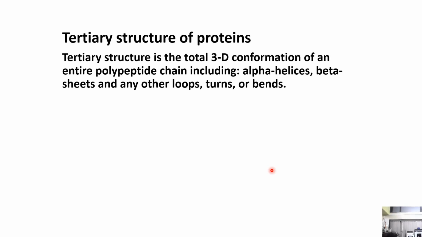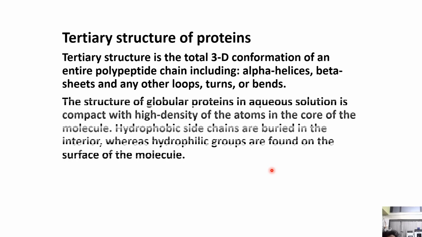If we talk about the tertiary structure of proteins, tertiary structure is the total 3D conformation of an entire polypeptide chain, including alpha helices, beta sheets, and many other loops, turns, and bends. The structure of a globular protein in aqueous solution is compact, with a high density of atoms in the core of the molecule.